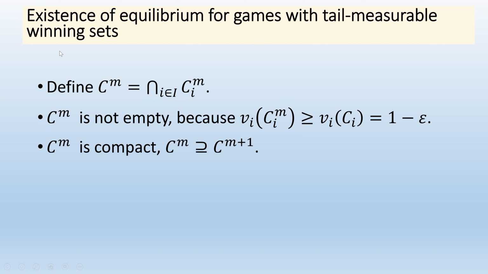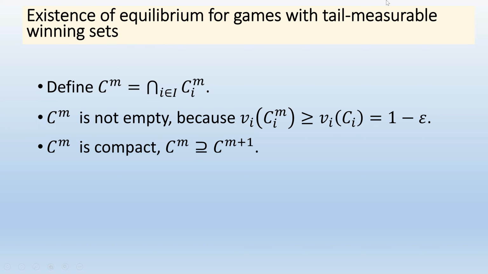Now we increase the M. We look at Cm, Cm plus 1, Cm plus 2, and so on. Observe that Cm plus 1 is a subset of Cm, because it's easier to still have a future that keeps you inside Ci when you're looking at M periods than when you're looking at M plus 1 periods. There are more requirements here.